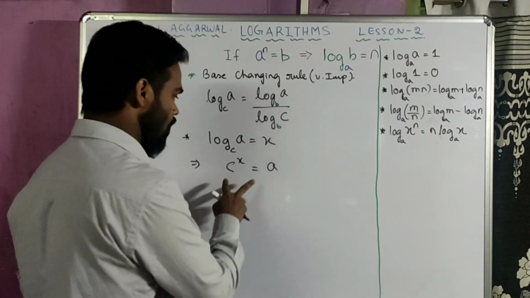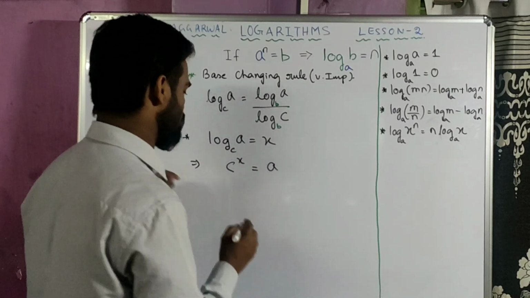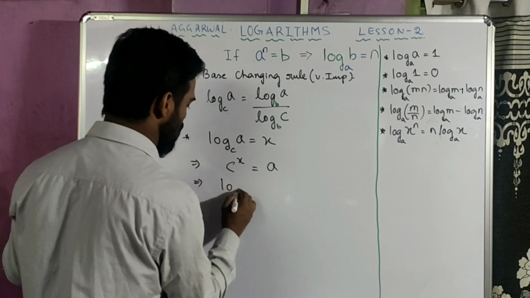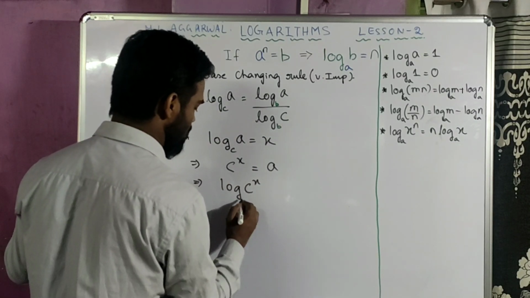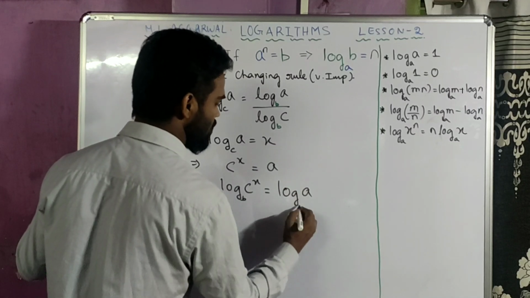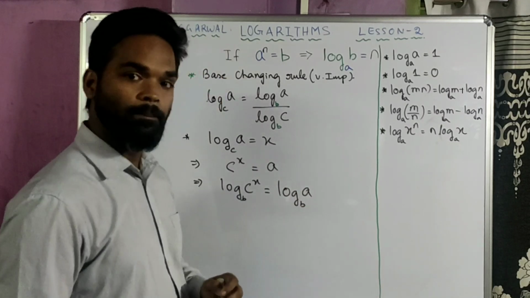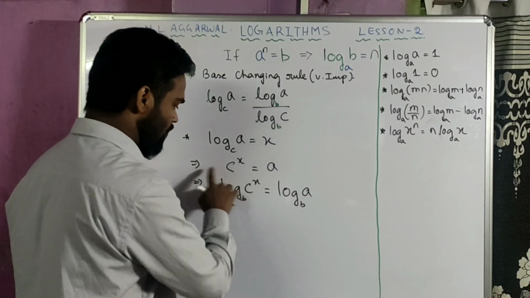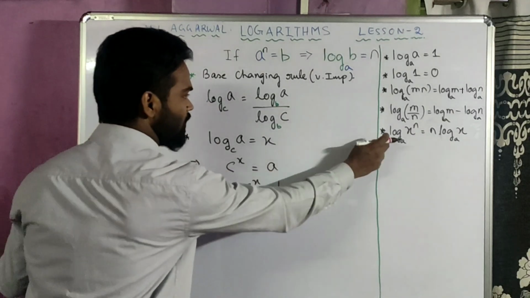Now I'll take log on both sides with our choice of base. So this becomes log c to the power x. Suppose the base is b, and this becomes log a and base is b. Now this we know the power comes in front. We have done it.